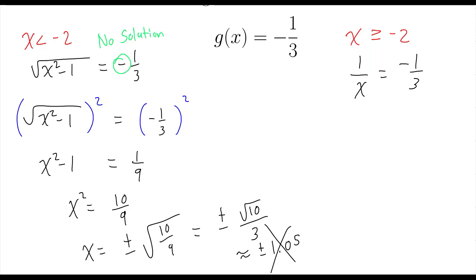Okay, so now we are stuck on the right side. Okay, here's where we have any hope. So 1 over x equals negative 1/3. To solve this, remember what you do is multiply both sides by the denominator, which is x.